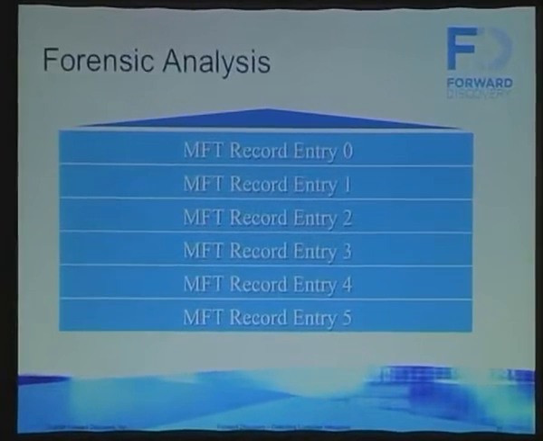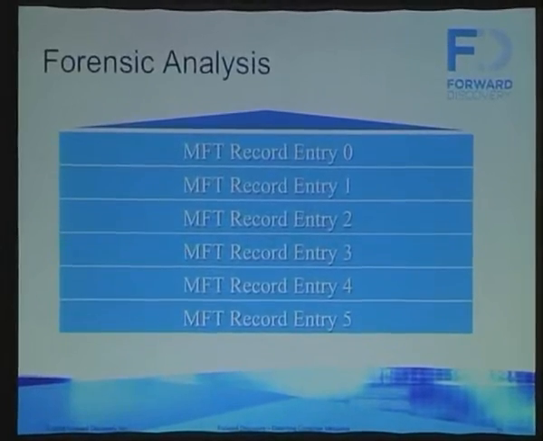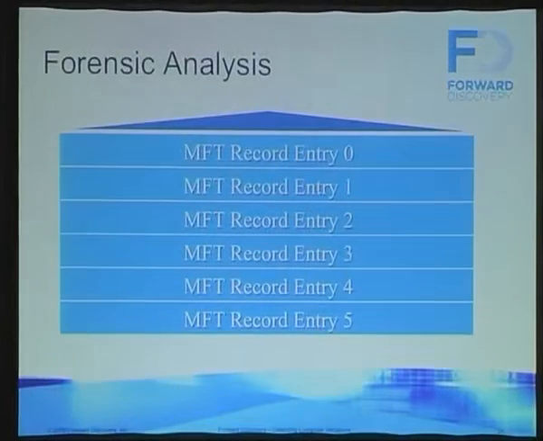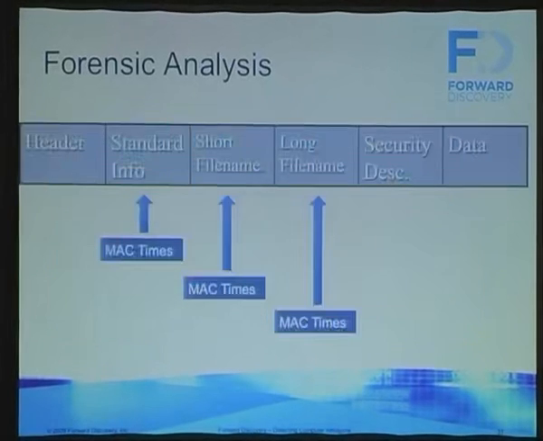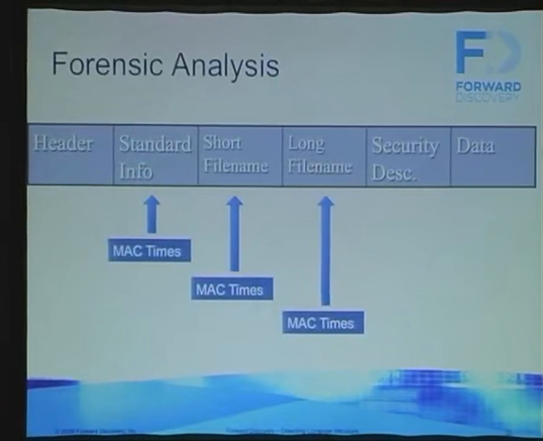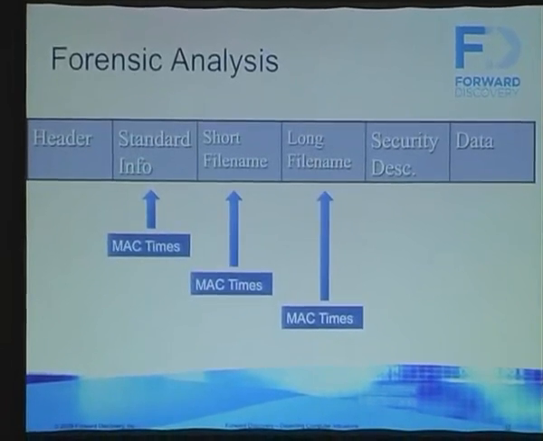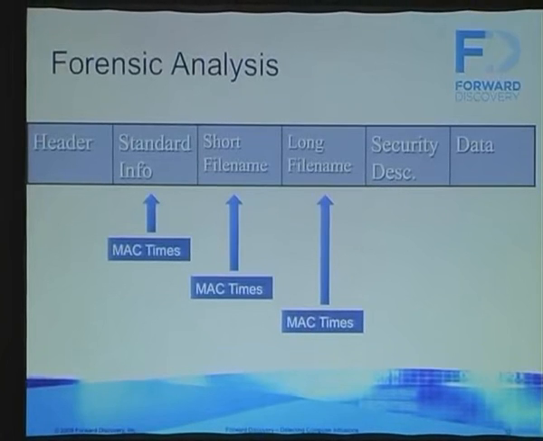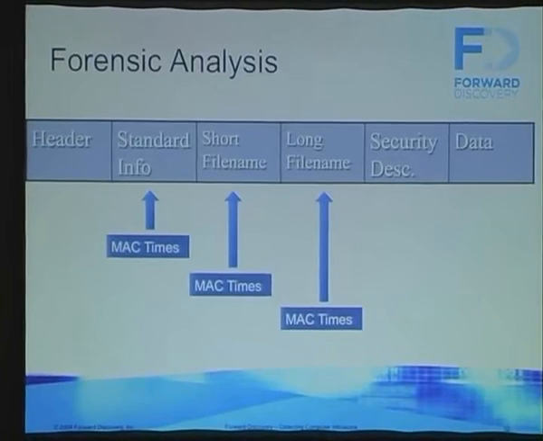The master file table basically consists of one entry per file or folder on your system, and they're 1 kilobyte in length, each entry. And they're broken up into a series of different attributes. And each attribute contains a set amount of information. The standard information attribute for each record entry contains the modified, access and created timestamps.